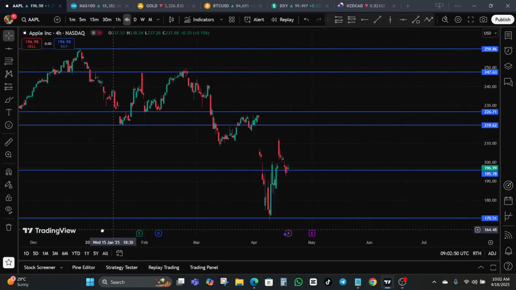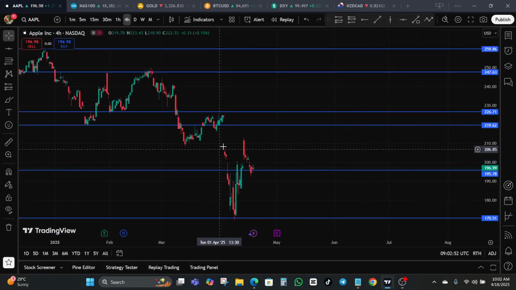And if price falls or breaks below a support, it's called a bearish breakout. But here's the important part: not every breakout is the same. Some breakouts lead to strong trends, while others might fizzle out and reverse quickly. So how do we spot these breakout points?